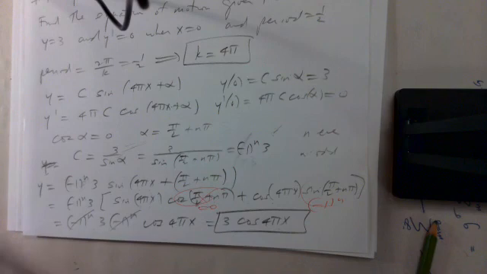That's the answer. So for number 4, if we have this simple harmonic motion with displacement 3 and velocity 0 when x is 0 and the period's a half, this is exactly the equation of motion of our particle. That's kind of nice.